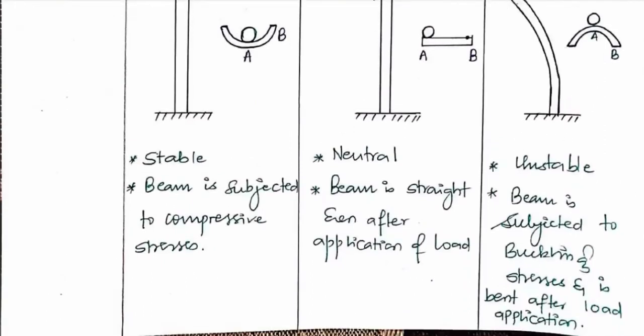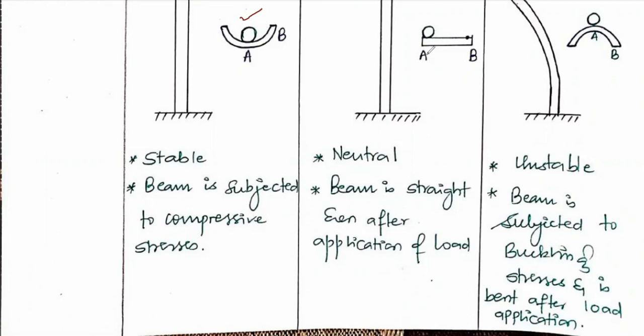Now here there are a few important things which you need to note. First, whenever I call it a stable equilibrium, just to remind you, I'll be using this example: a ball in a cup. You have a hemispherical cup, in which you keep a ball, so the ball will remain stable. This is an analogy depicting stable equilibrium.